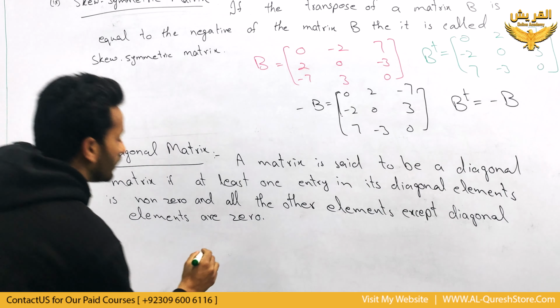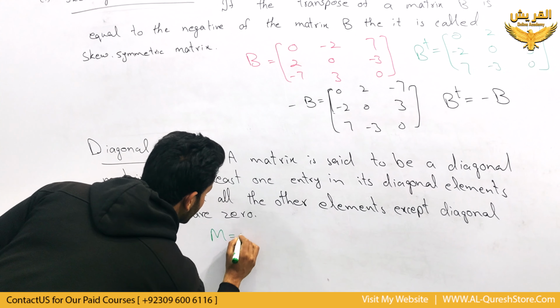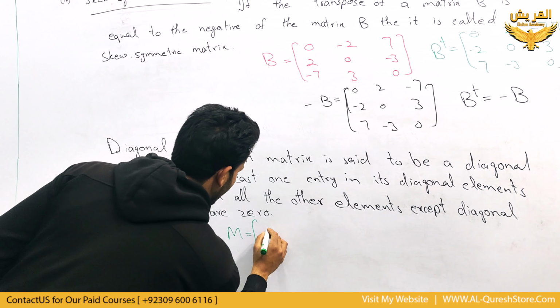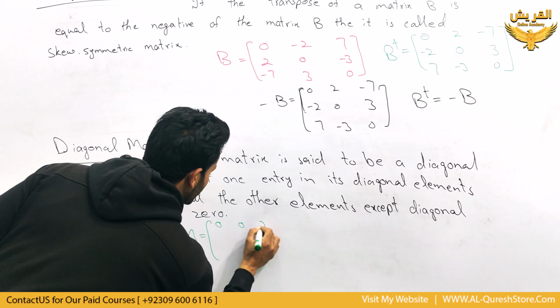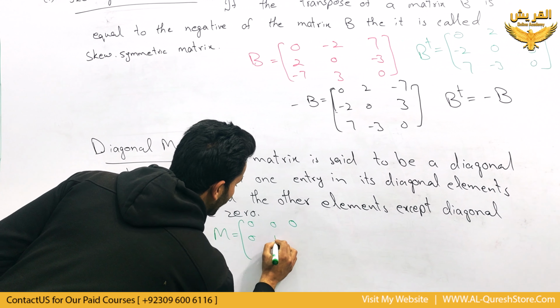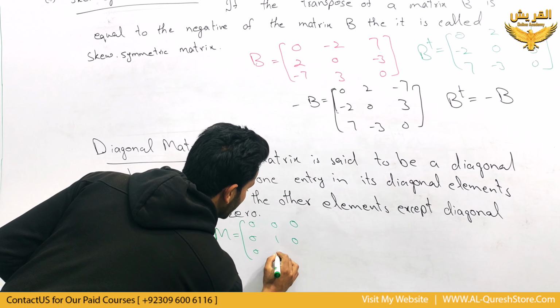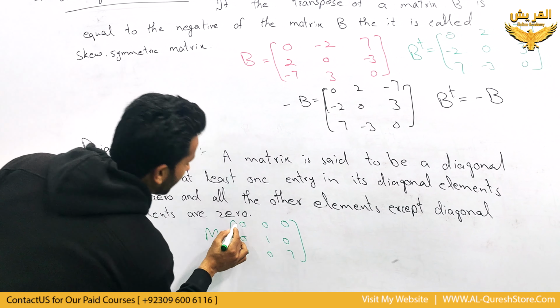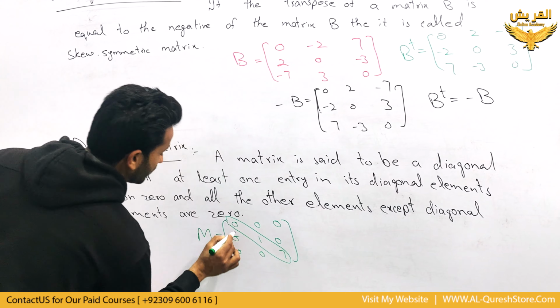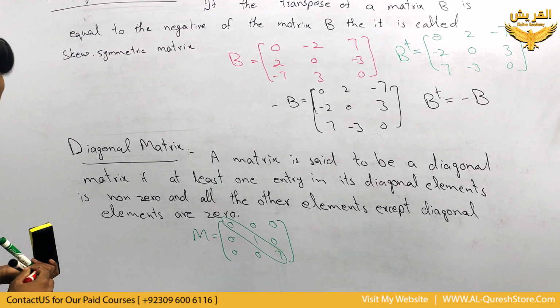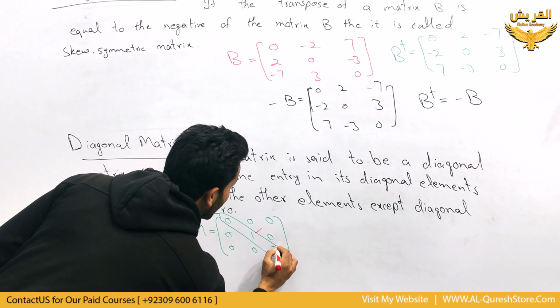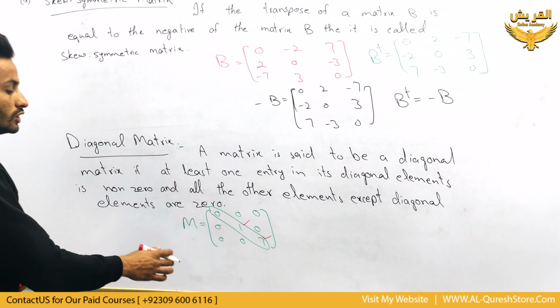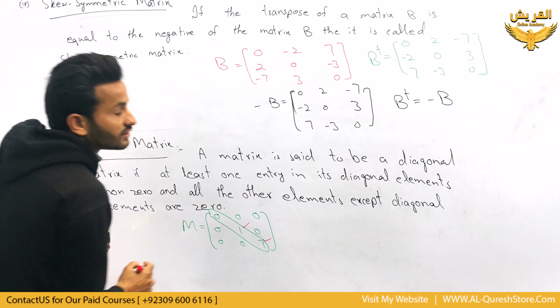For example, M is equal to 0, 0, 0, 0, 1, 0, 0, 0, 7. These are the diagonal elements. In this matrix, at least one of the diagonal elements is non-zero and all other elements are zero.